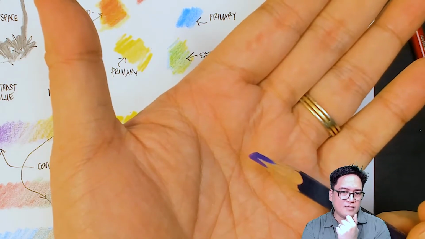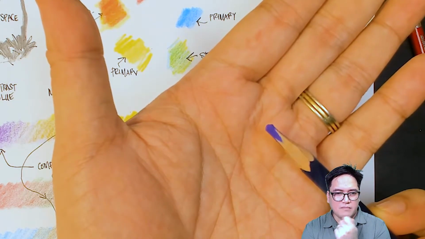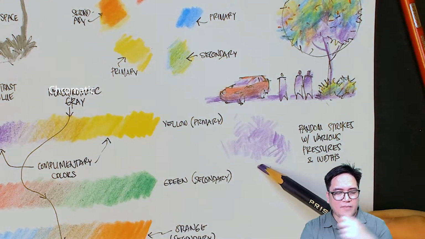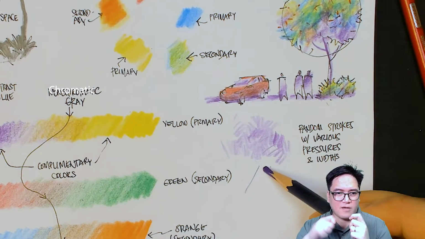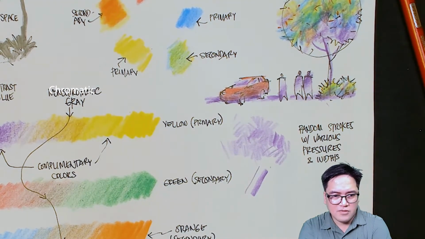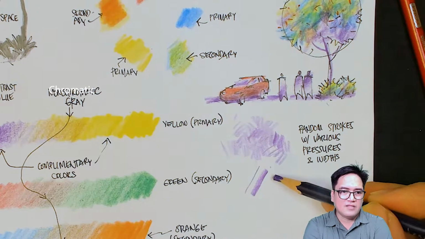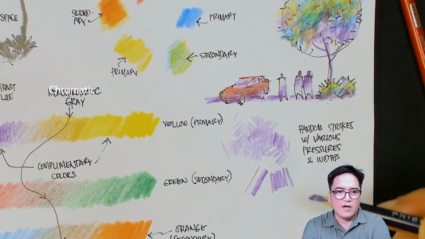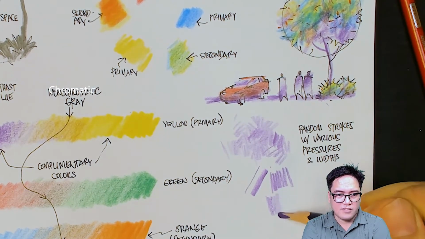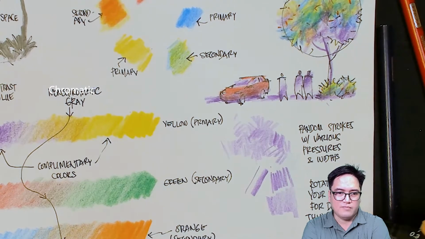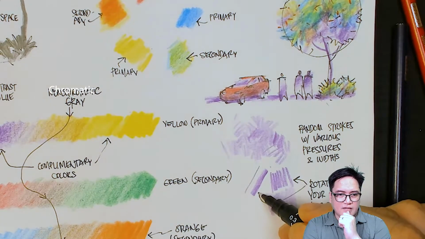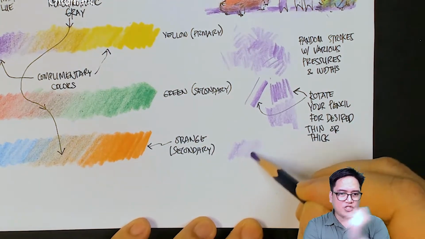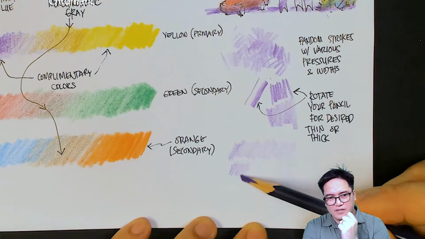And here is how I shave the tip of my colored pencil. It's not the typical way of just using a sharpener, and it's interesting because I can produce these types of lines, thin or thick. Depending on what I need, I just turn it over. This blunt side could produce a broad stroke, so I can readily shift to anything that I need.